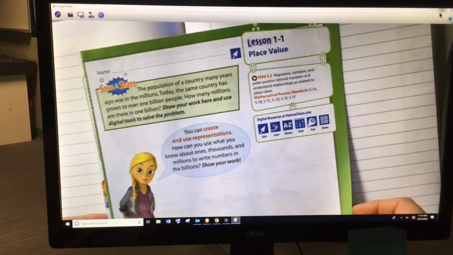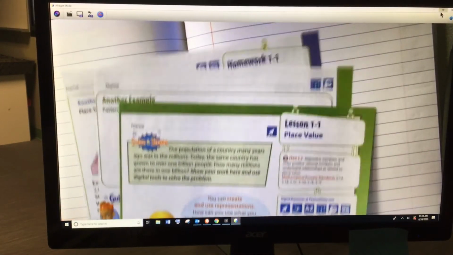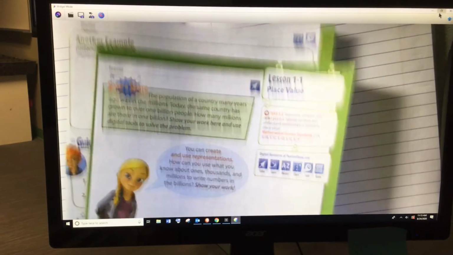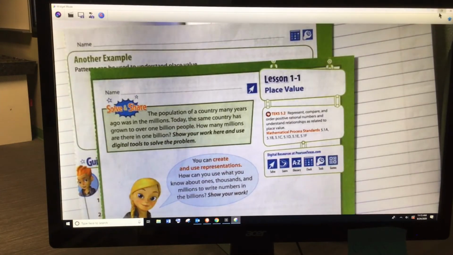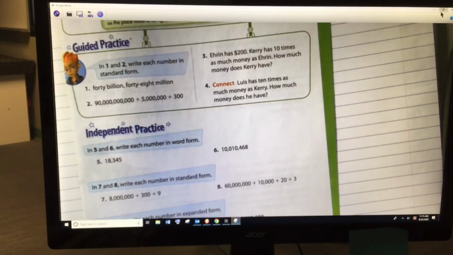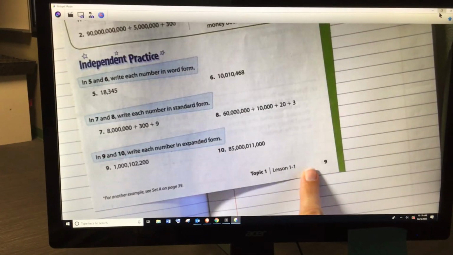So you should have 2 green papers and all you really need are your 2 green papers, your place value. If you want to leave them in your book, you can leave them. Since you're not at school, that probably may be easier. Let's backtrack and let's just leave them in our book so you don't have to worry about taking time to tear them out. The page I would like to go to in your textbook is page 9.